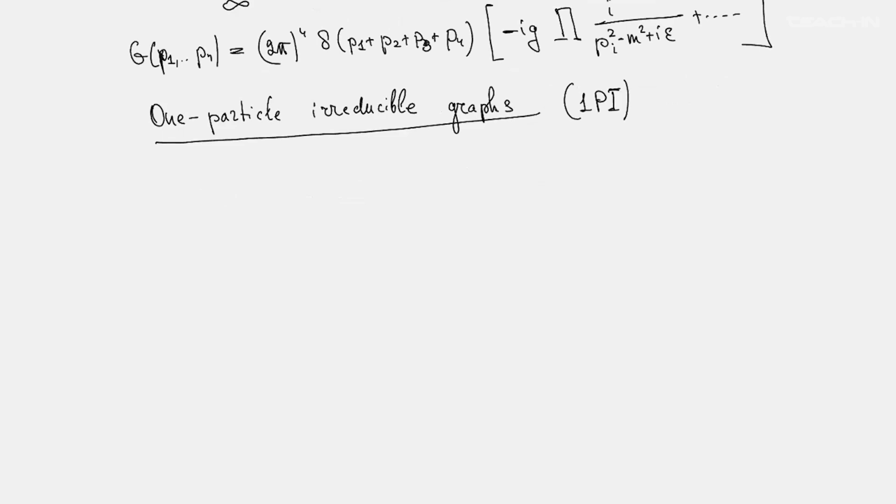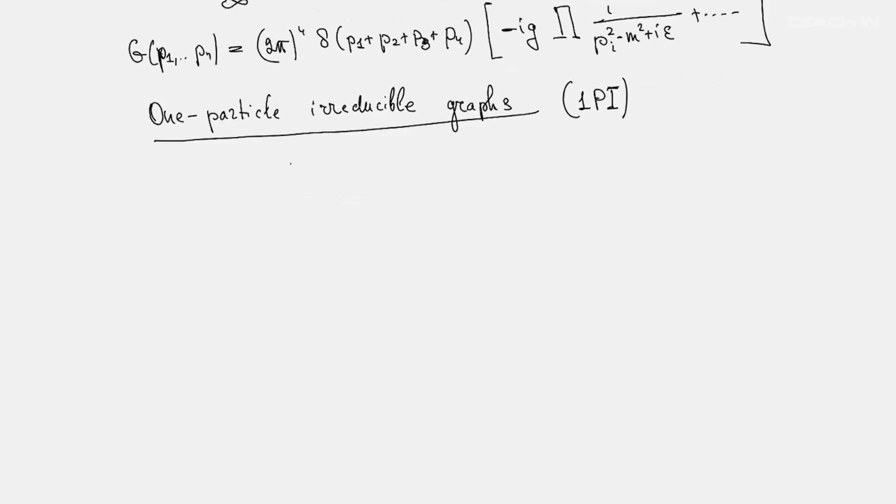So a truncated Green's function is simply a Green's function from which I truncate the external propagators in the momentum space. This means that I take an expression for the Green's function and I cut out the free propagators. The free propagators I denote G0,2.